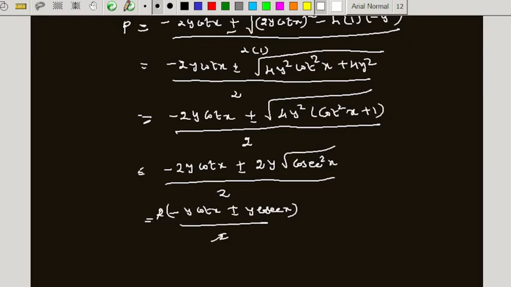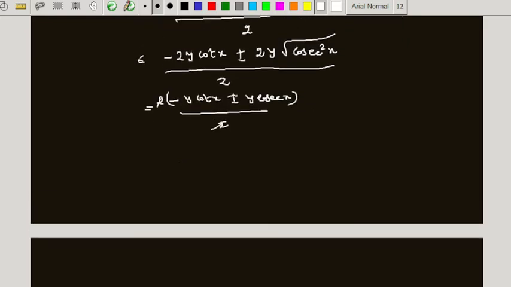We have two values: p equal to minus y cot x plus y cosecant x, and one more, p equal to minus y cot x minus y cosecant x.